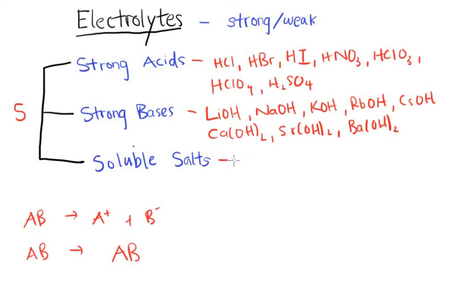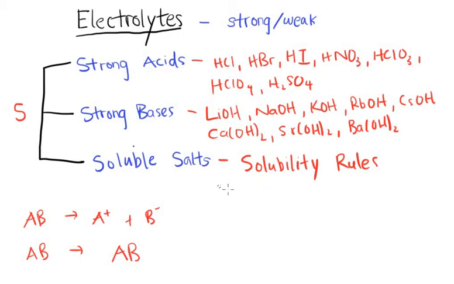Solubility of salts. There's something called the solubility rules. I won't really go much into detail of this because this is also a memorization thing. It's just a Google search away. These solubility rules basically say that if an ionic compound has a specific cation or anion, it's either soluble or not.